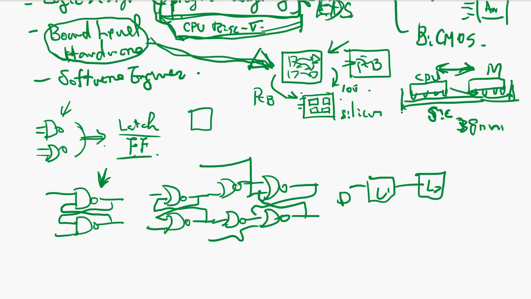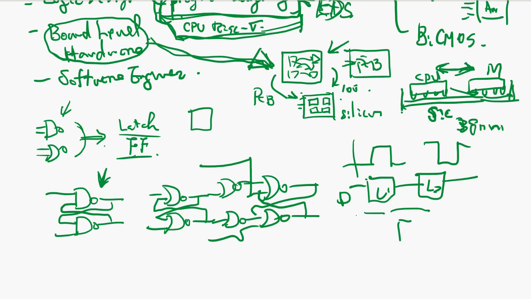You transfer data at the clock low to high, and here clock high to low. Then the data moves from here to here in one cycle of the clock. Okay, that's a flip-flop basically.